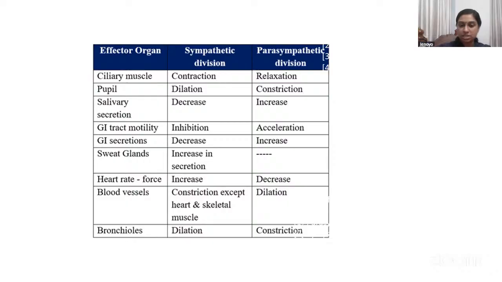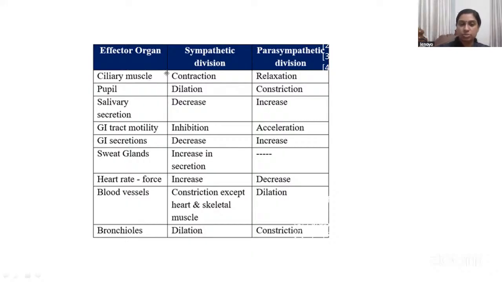And in an emergency or the fight or flight response, only the sympathetic division is firing. So we can deduce the actions by remembering this basic point. When the effector organ is the radial muscles, they cause dilatation of the pupil.